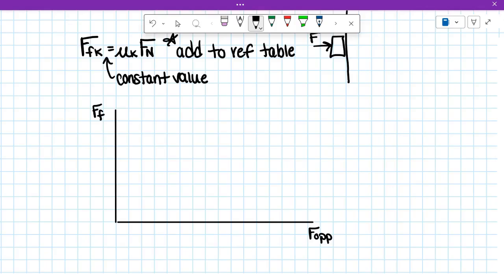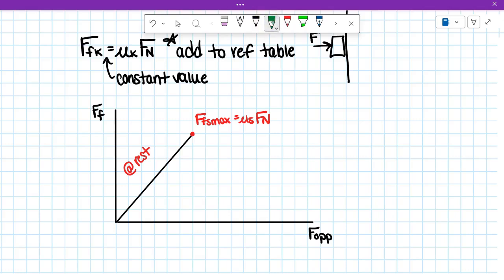So the first half of this graph we have already talked about, where the graph looks something like this. So for this section, this is when our object is at rest. We have not yet overcome the maximum force of static friction, which we can calculate by doing the coefficient of friction times the normal force.